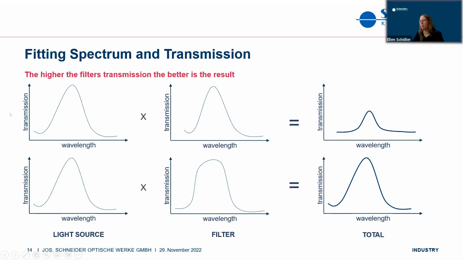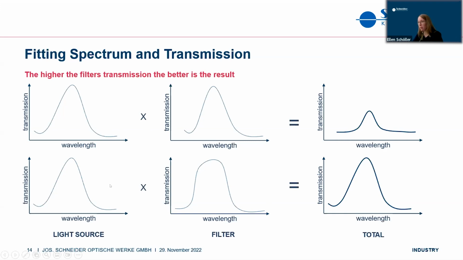In the top row, you see the filter transmission might perfectly fit the spectrum of the light source, but in combination, you see there's immense loss of light when you combine a filter like that with a light source like that.